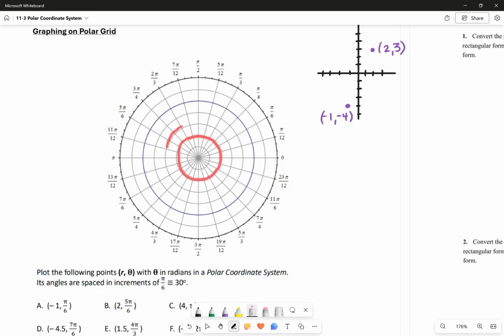So every single time you go further out, however many you go out, count those radii, and that will be your r. So this would be an r of 1, this would be an r of 2, r of 3, and you get my point.